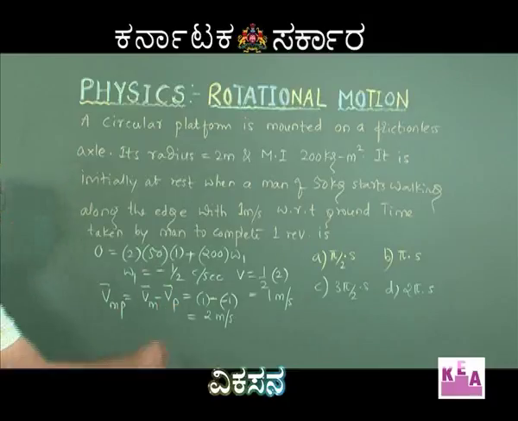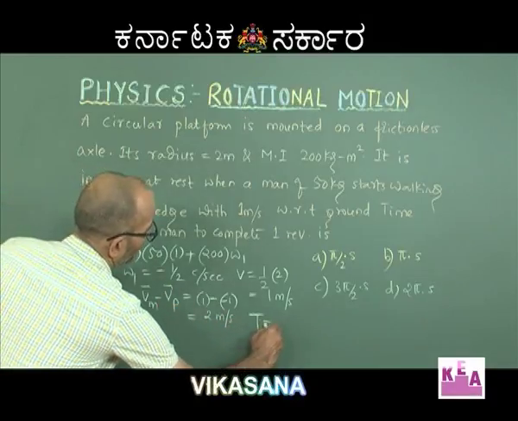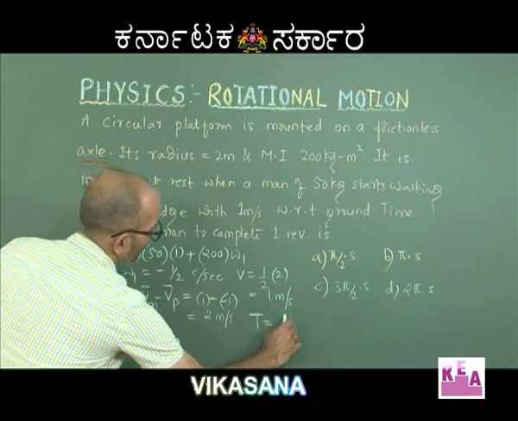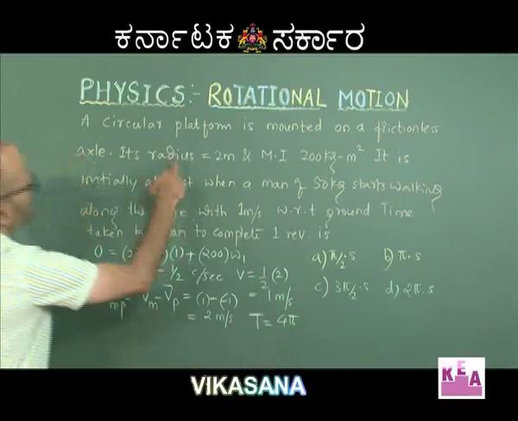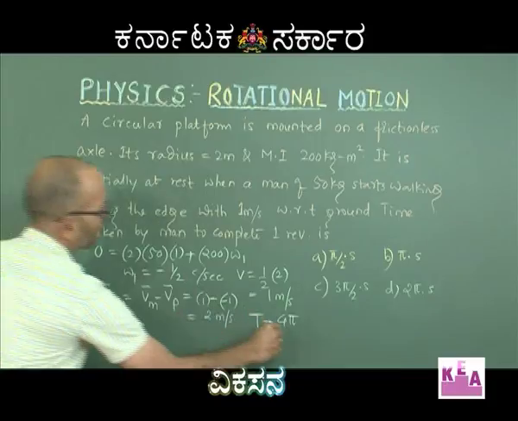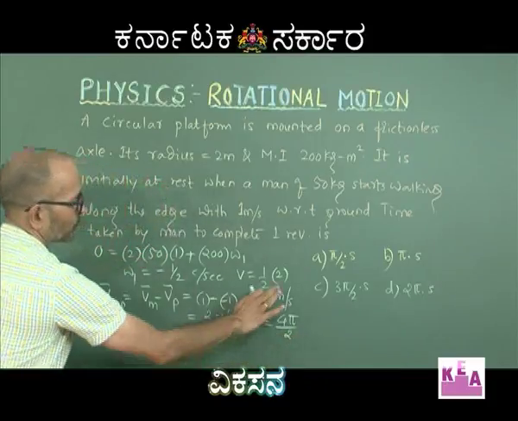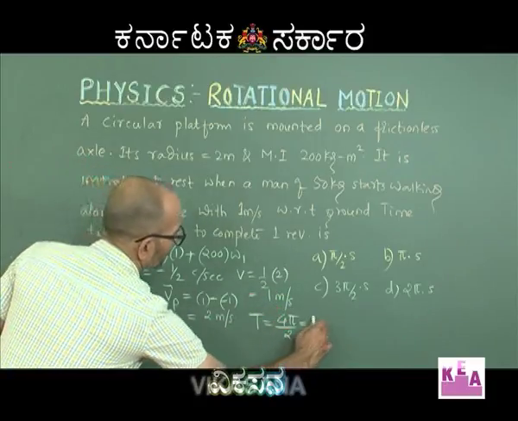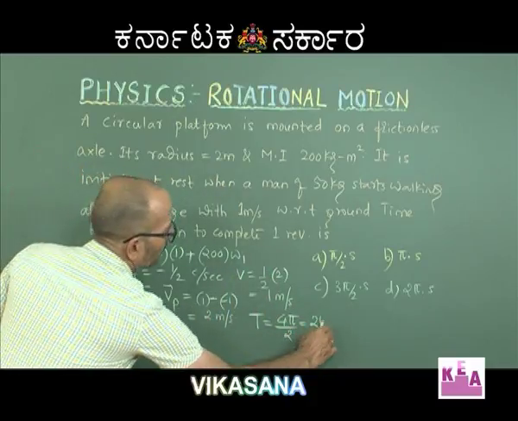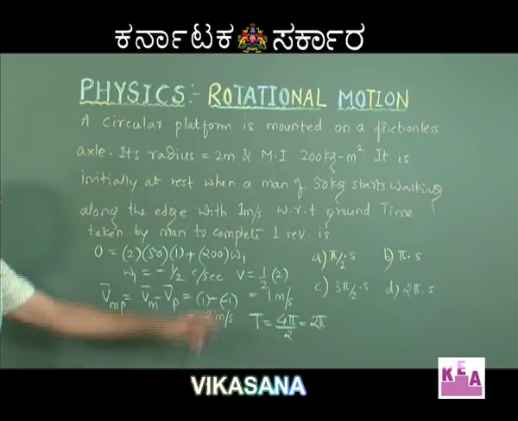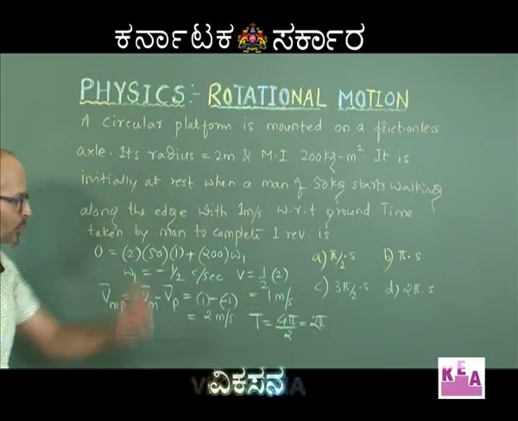Therefore, the time taken is t equal to 2 pi r, which is 4 pi, divided by the speed with which he is walking, 2 meters per second. So, distance by speed is nothing but 2 pi seconds, and that makes option D the correct option.